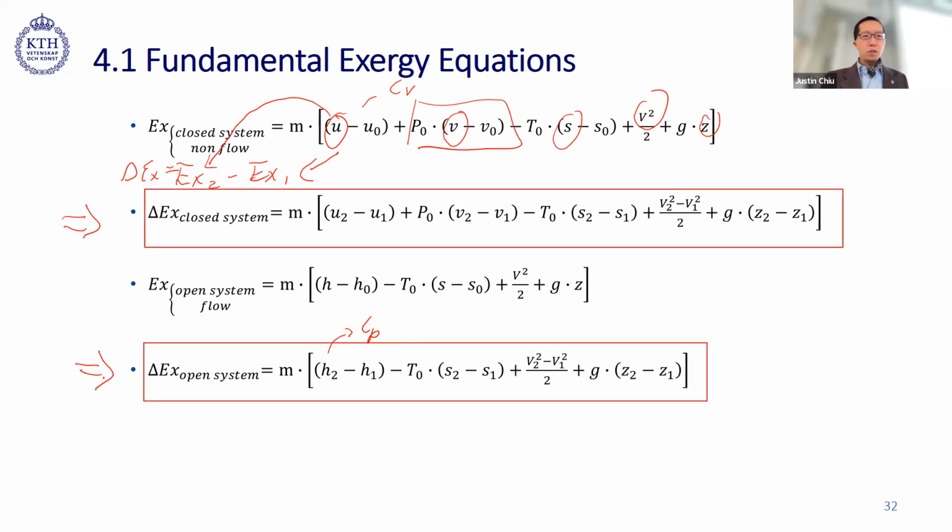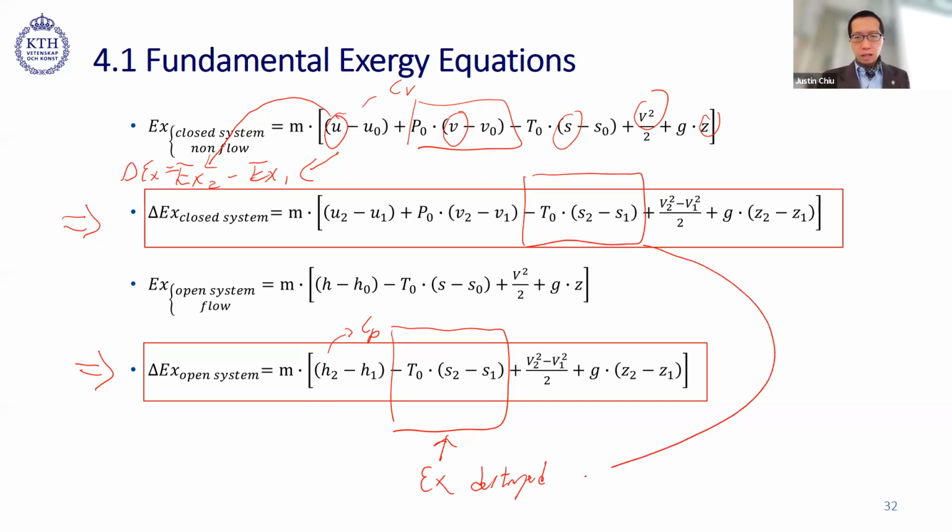But this one gives you the exergy change of a system for an open system: mass times the enthalpy change minus the exergy that is destroyed. So this part is the exergy destroyed, and also the same here, this one is the exergy destroyed.